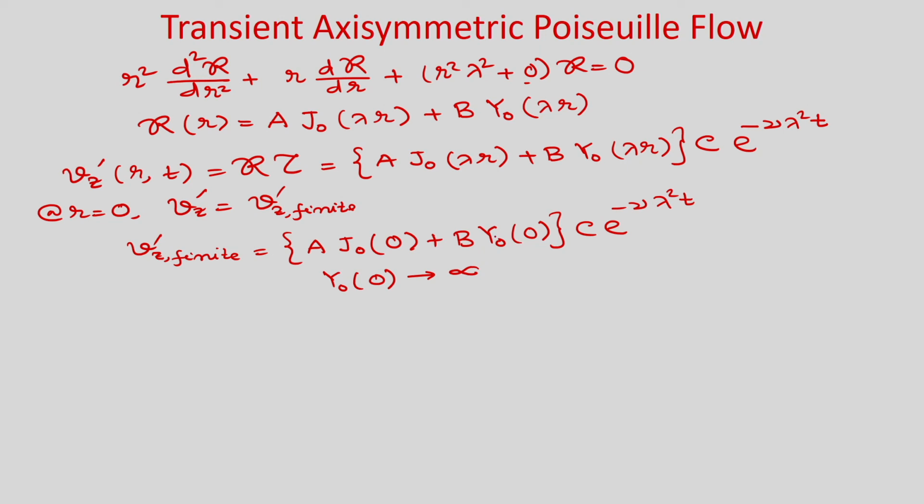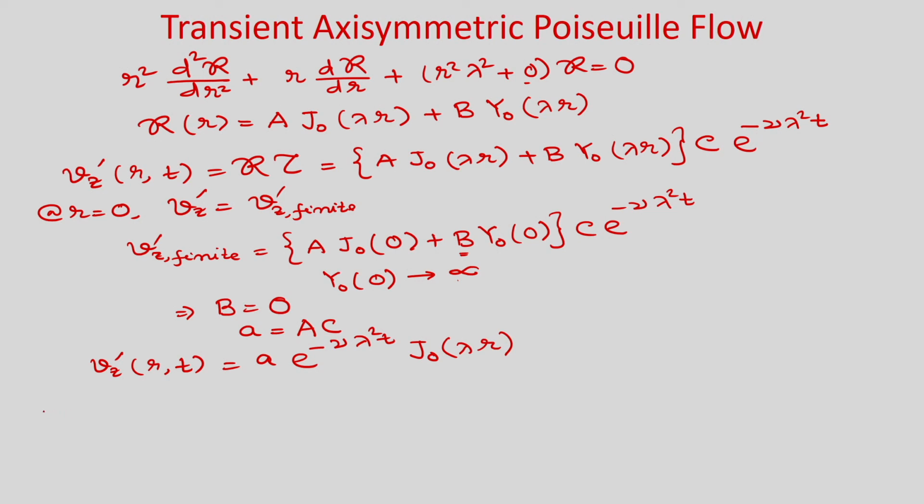If it is infinity, and the left hand side is a finite value, then b must be 0, because this term has to be 0, since Y0 tends to infinity but the left hand side is a finite value of v_z prime. So, we should have b is equal to 0. Let us write another constant a as the product of a and c. So, we can write v_z prime of r, t is equal to a e to the power minus nu lambda square t times J0 lambda r.